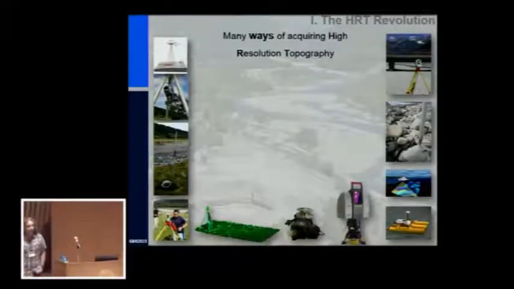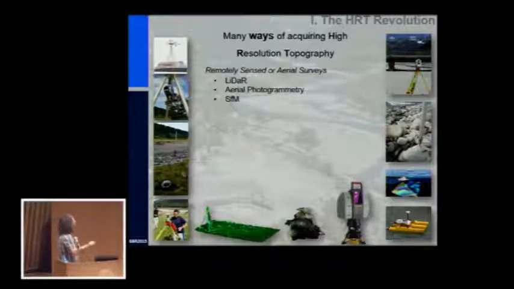There's a lot of ways to get high-resolution topography, and these ways have evolved in time, and they are evolving a lot very quickly. We can use different methods. We can use methods based on remote sensing and aerial surveys like LiDAR, aerial photogrammetry, and also structure from motion. You will see a lot of examples of structure from motion in this presentation.